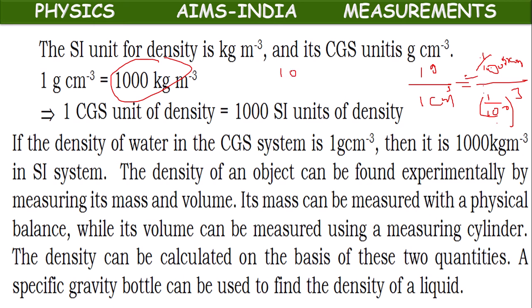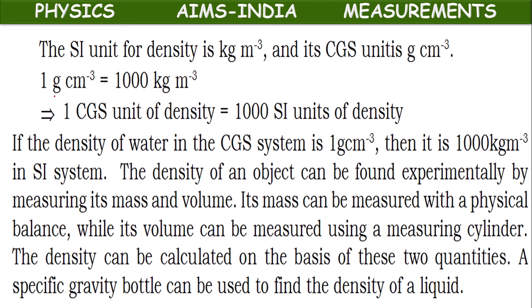It will become 10 power 6 by 10 cube, and cancelling, we get 10 cube kg per meter cube, and 10 cube equals 1000. So in this way, 1 gram per centimeter cube equals 1000 kg per meter cube.